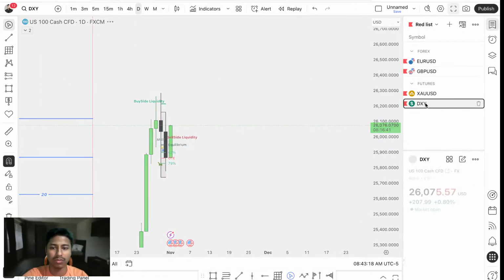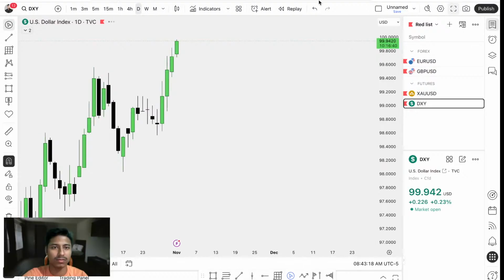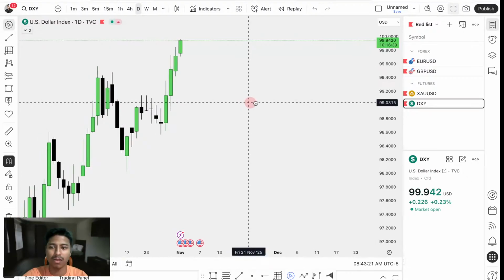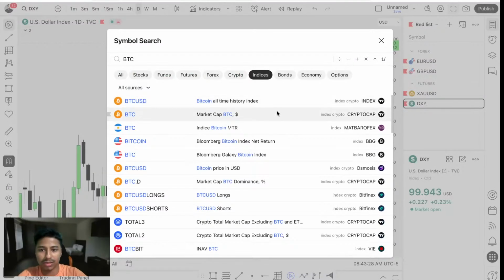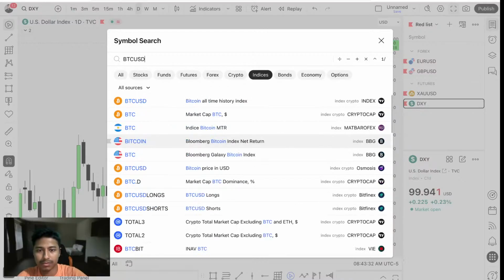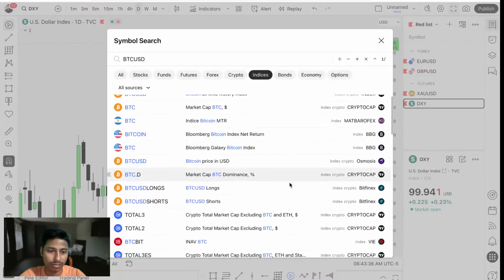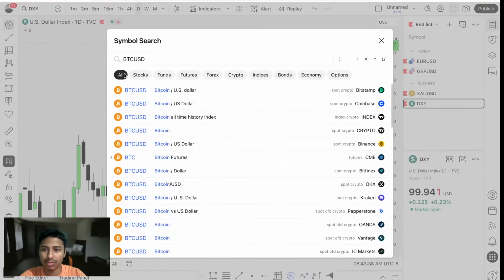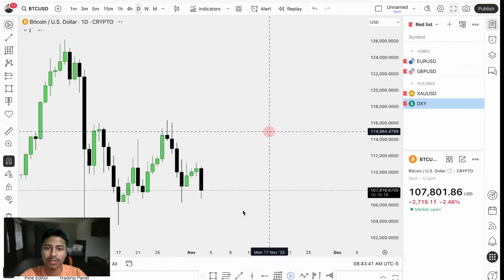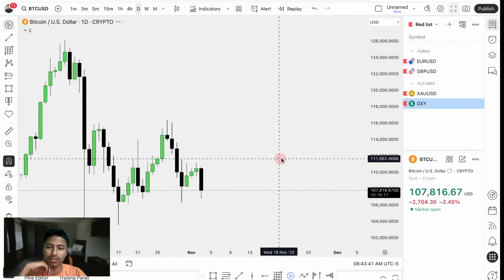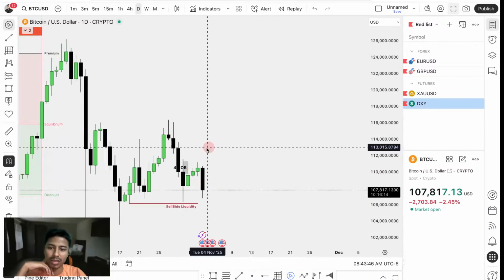The DXY is also bullish. BTC, let's see that too. BTC is consolidating here.